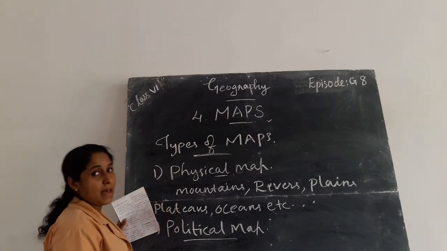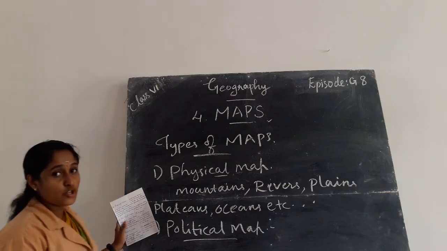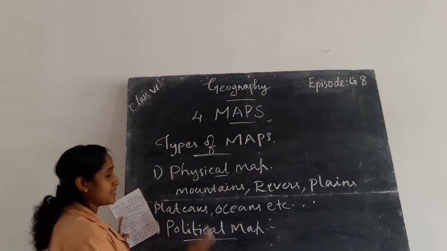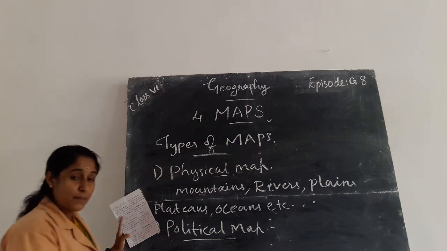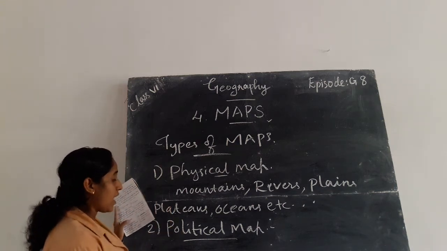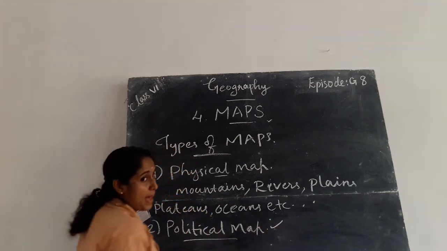These types of maps are called political maps.